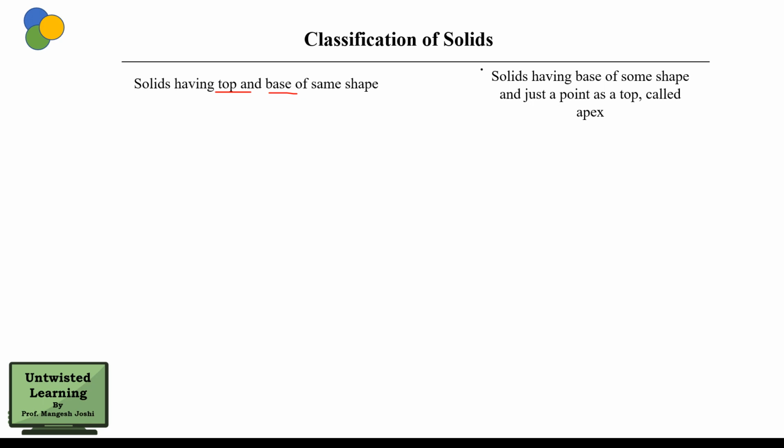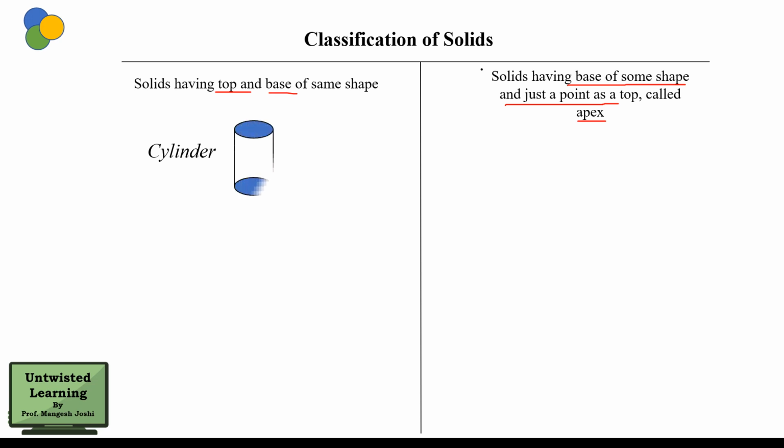The second category is solids having a base of some shape and just a point as the top, called the apex or vertex. So in the first case, you have a circular base and circular top, which is called the category of prisms.